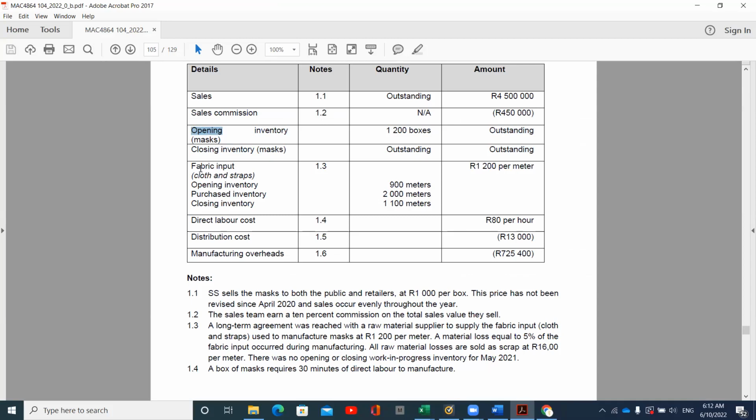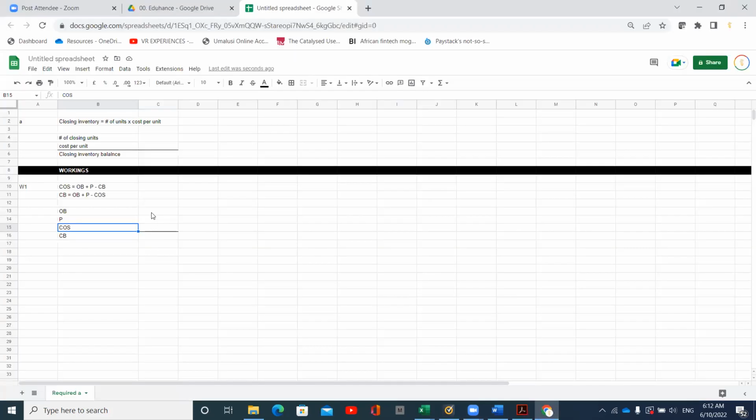So we're not going to use this information, that is raw material. We're going to use information relating to the completed product. Okay, so opening balance, 1,200 boxes.